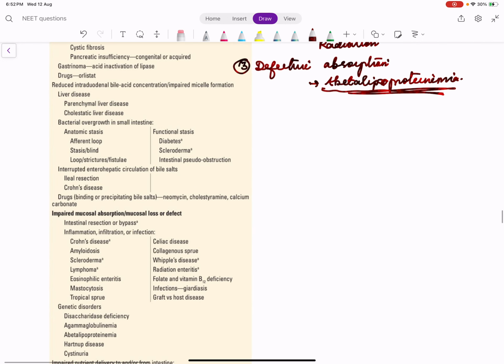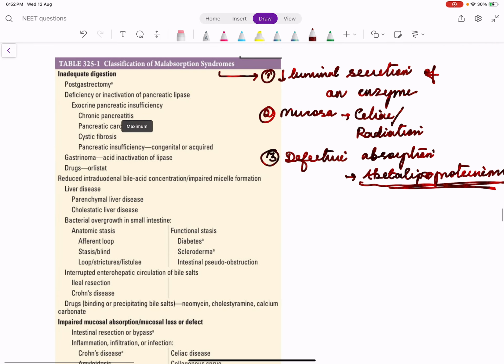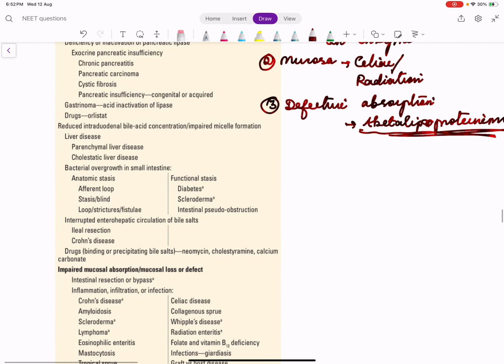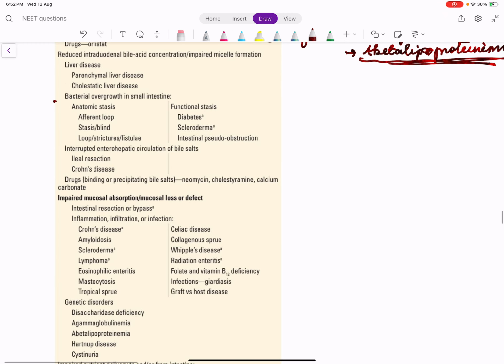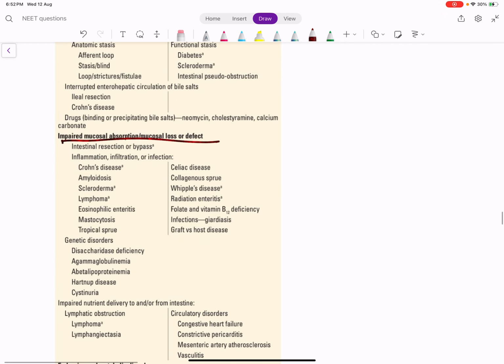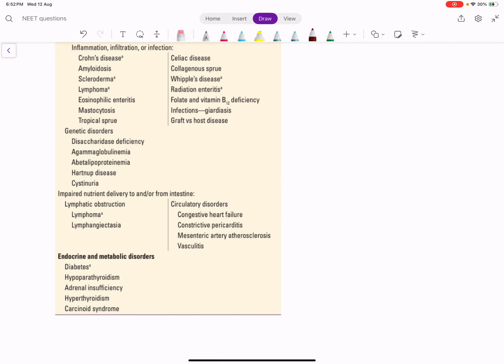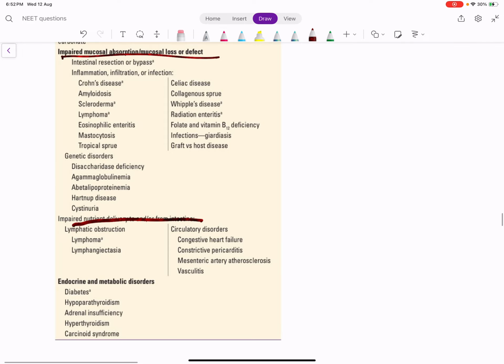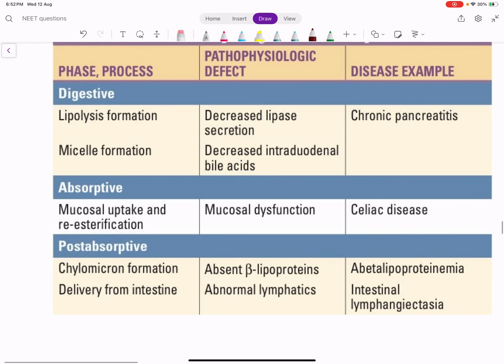So these are the three categories which we discussed. One, there is inadequate digestion due to reduced secretion. Two, there can be problems with the mucosa, like in celiac disease or Crohn's disease. And third, there are problems with nutrient delivery. An example will be abetalipoproteinemia. I think this will be clear.